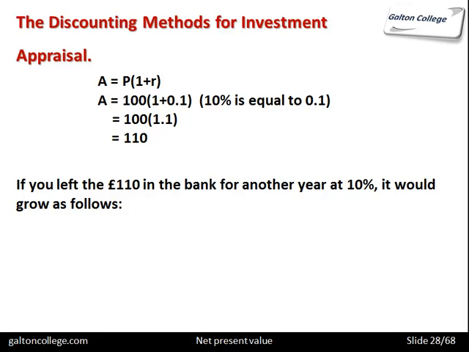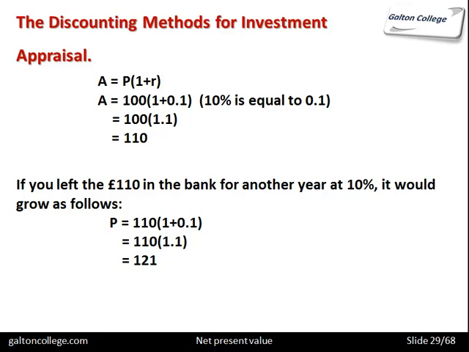You put in 100 and you leave it there for 2 years at a rate of interest of 10%. So now at the end of the second year, P is equal to 110, because that's what the bank has got at the end of the first year, multiplied by 1 plus 0.1.